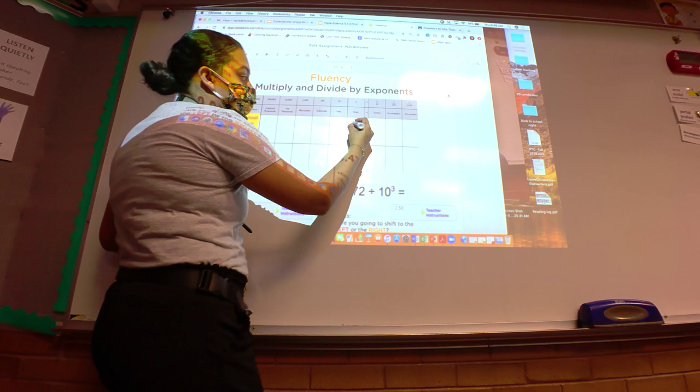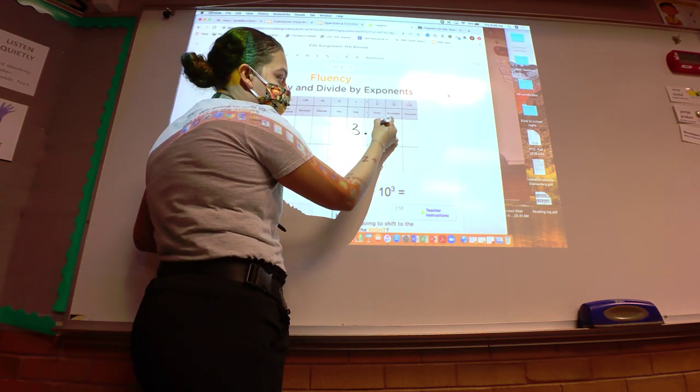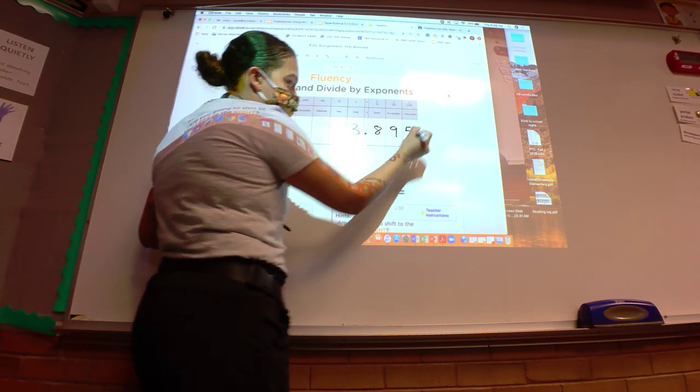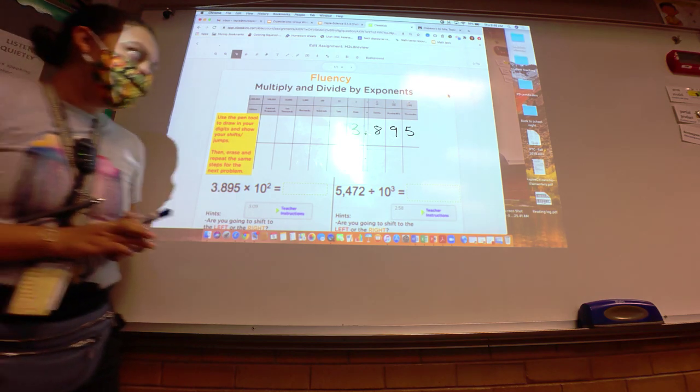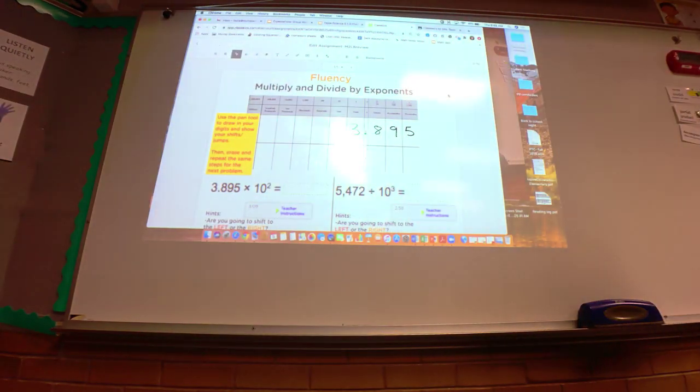So you have 3 and 895 thousandths. You have to use the pen tool to draw it in. Then you're going to multiply by 10 to the power of 2.